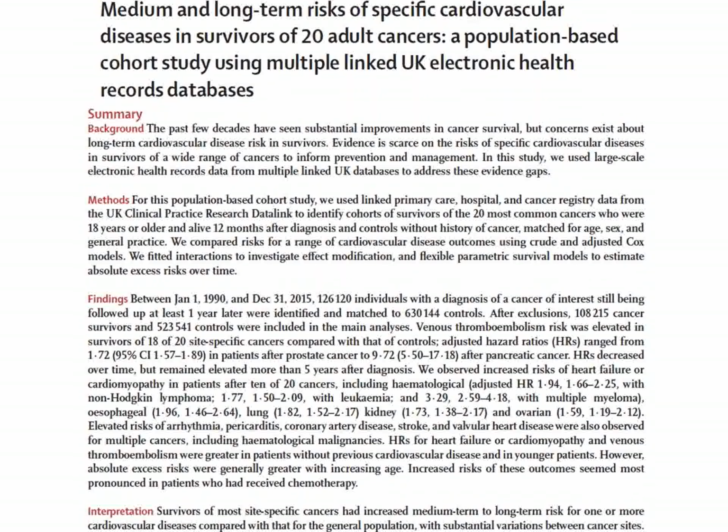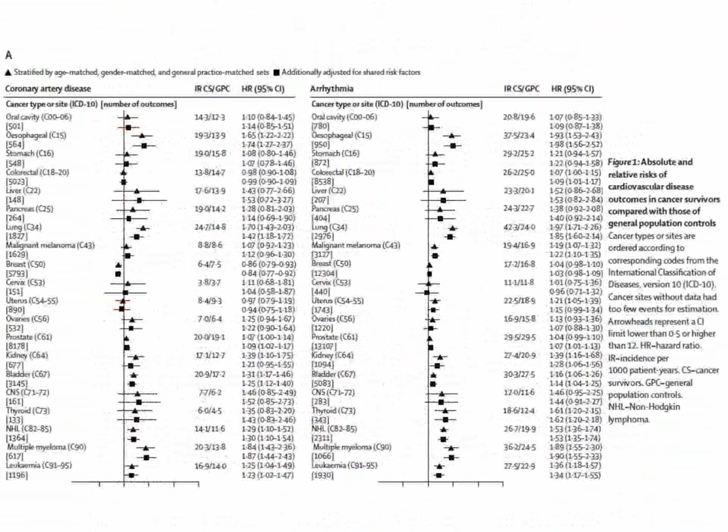But what was inspected here was a whole host of different cancers, and yes, a greater risk seems to be the case. Coronary disease, arrhythmia, yes, but a clear pattern of some particular tumor having a much greater degree of risk isn't evident here.